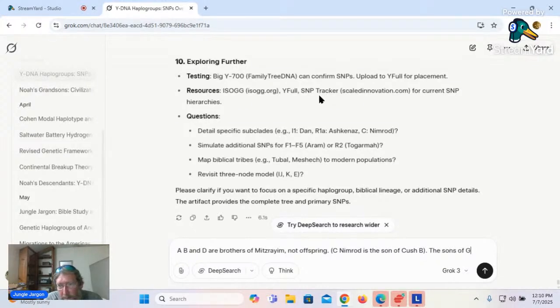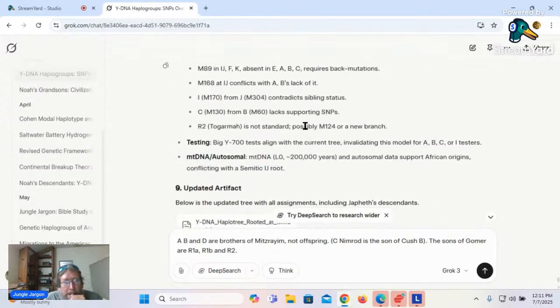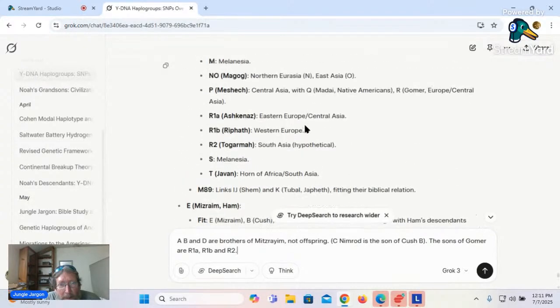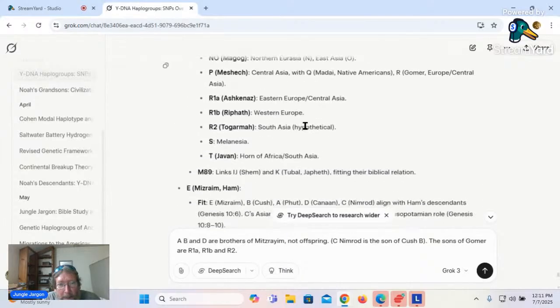Sons of Gomer, R1A, R1B, okay. Takes a lot of work to get everything straight because Grok doesn't always think very well.